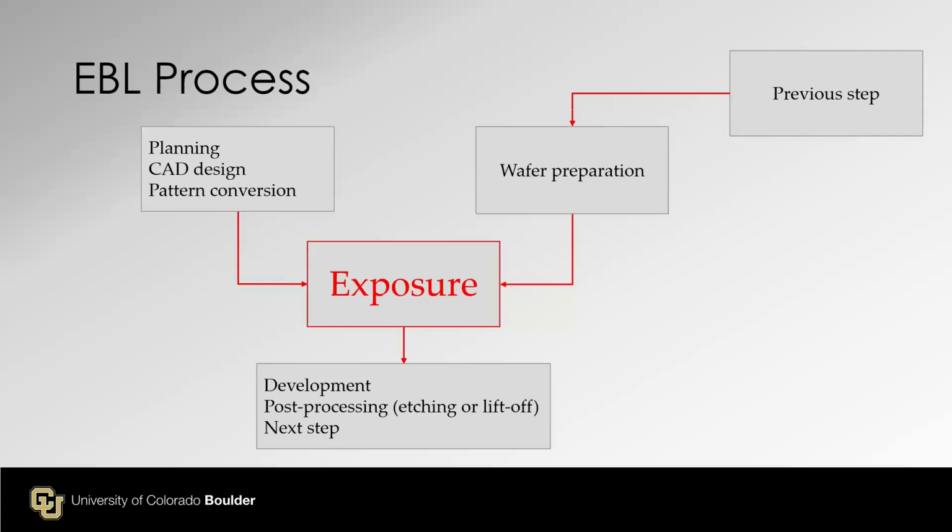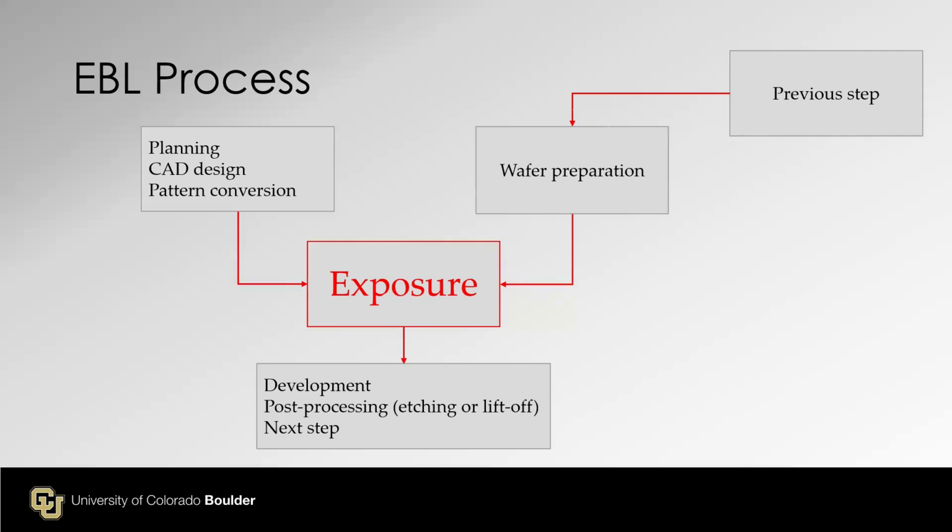Okay, the EBL process, more like a general overview. You have to do many things. You have to plan what you want to make and think about all the processes, and do the CAD design. Then convert the pattern to something the E-beam writer can read. Wafer preparation, mostly cleaning, pre-bake, then put on the resist and heat it to remove excess solvent.